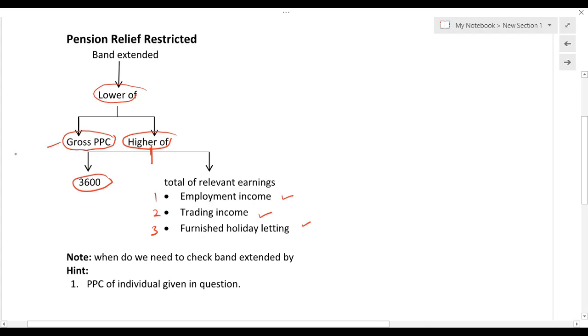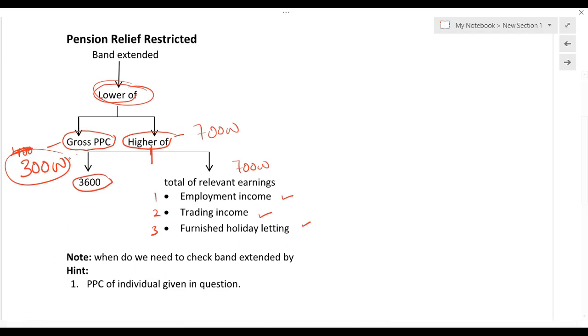For example, I'm just assuming, let's take gross PPC is 30,000, and total of the relevant earnings is, let's say, 70,000. So when I say higher of 3,600 and 70,000, you will take 70,000. When I say take the lower of gross PPC and 70,000, you will go for gross PPC 30,000. It means your basic and high rate band will increase by 30,000.